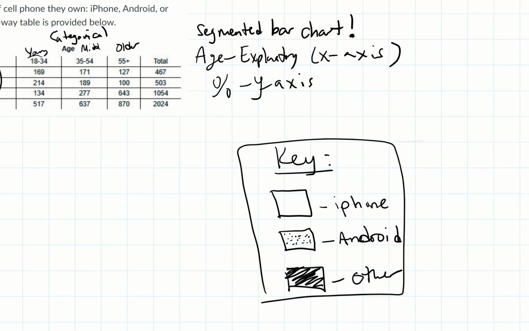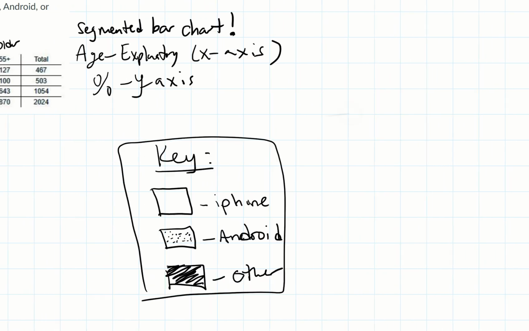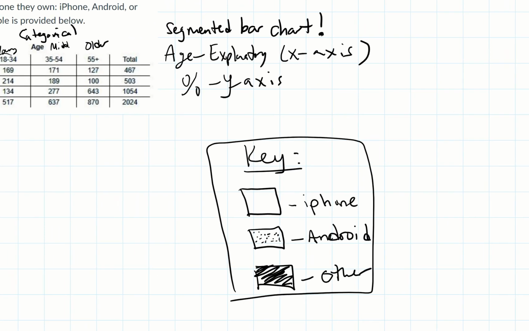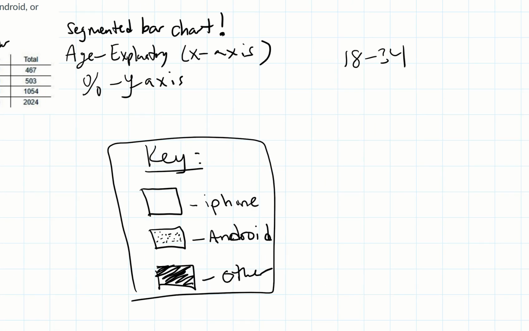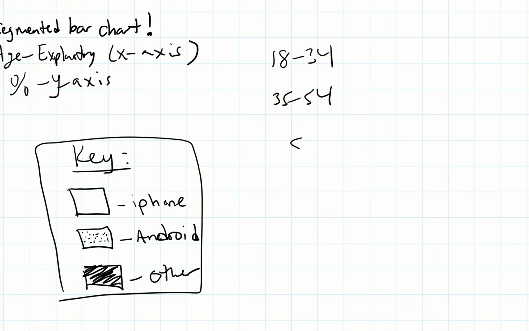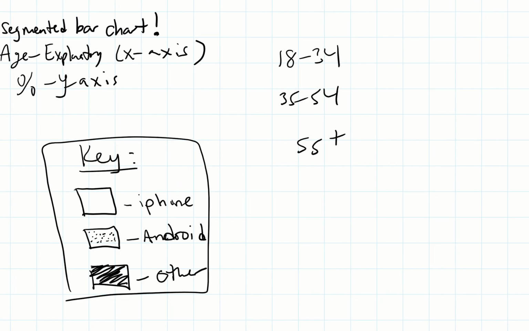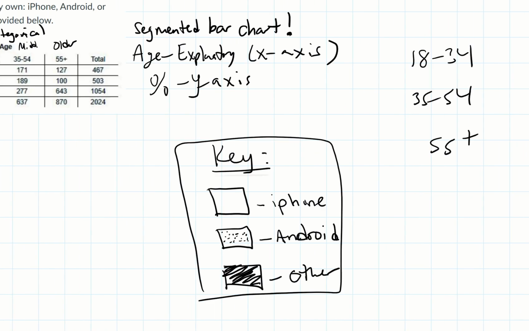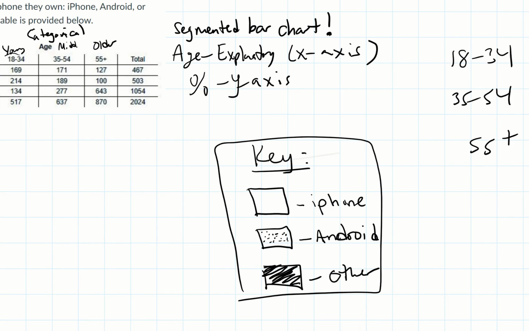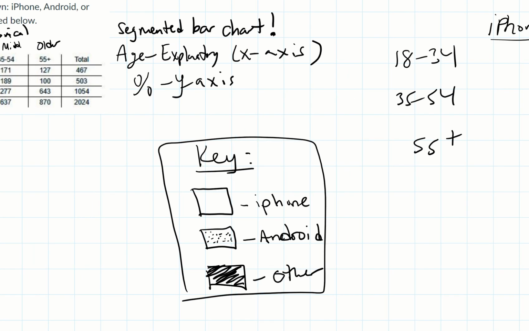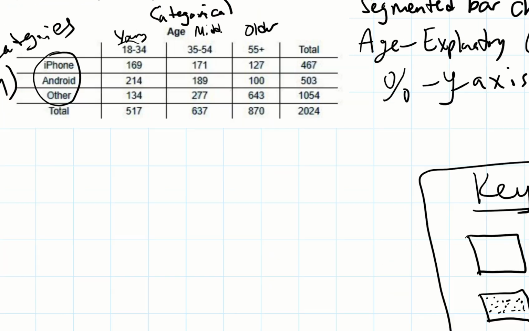For my percentages, we need to calculate it for young, middle age, and older. So 18 to 34, 35 to 54, and 55 plus. Of the people in the 18 to 34 category, how many use iPhones? What percent of people in that age group use iPhones? Well, let's look at it.